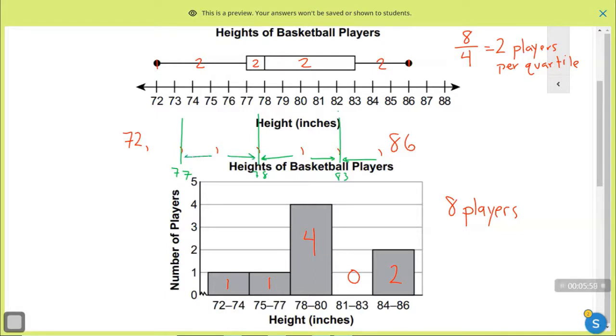Now, could the numbers on either side be that number? Why, yes, they could. If they're both that number, then it would work. For example, if this is 77 and this is 77, then my median would be 77. All right? However, if this is 76 and 77 is in the middle, then this has to be 78. All right, so that's just the understanding of how we find our lower quartile and upper quartile.